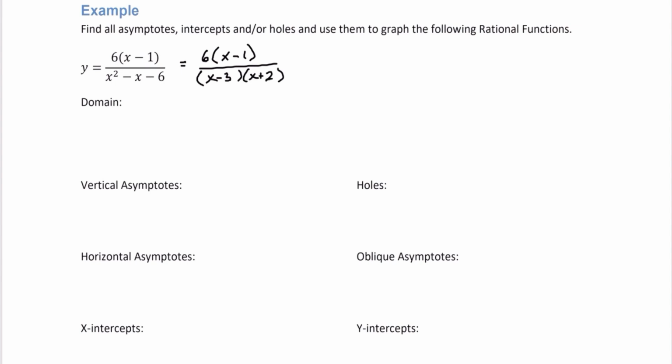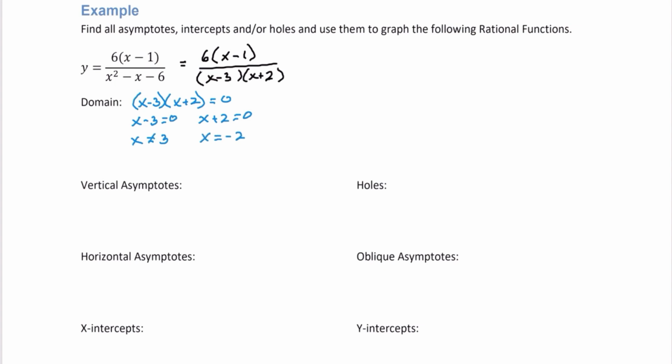To find the domain, we set the denominator equal to 0. And we'll use the factored form. That'll make it a little bit easier. Set each factor equal to 0 and solve. We get x is 3 and x is negative 2.